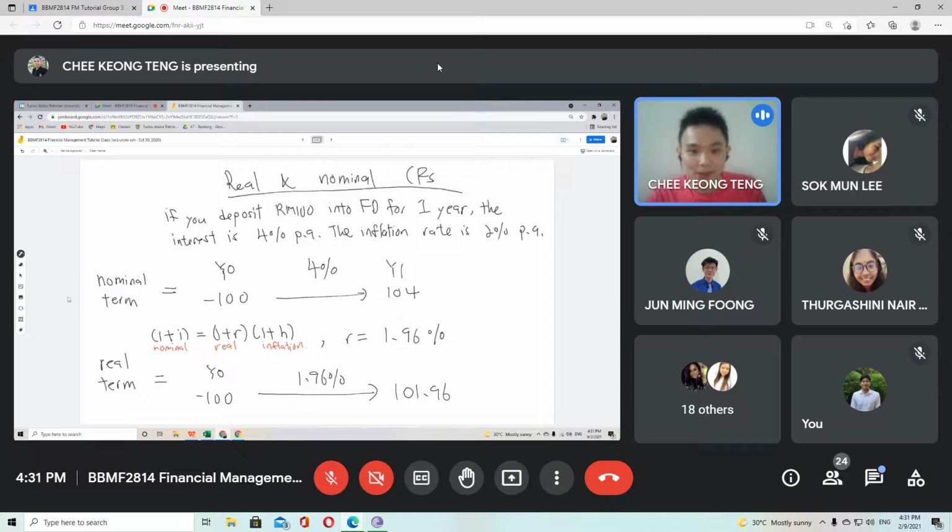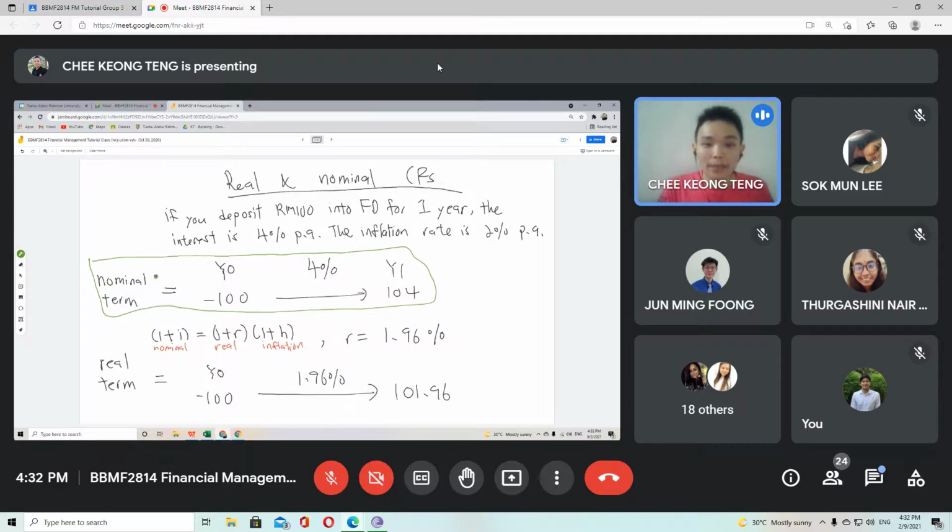Just like this example here, I use red and green color to be clearer. This example, the green color one, inside the box of green color, is what we call nominal term. In this case, you deposit 100 ringgit today, 1 year later you get 104, right?